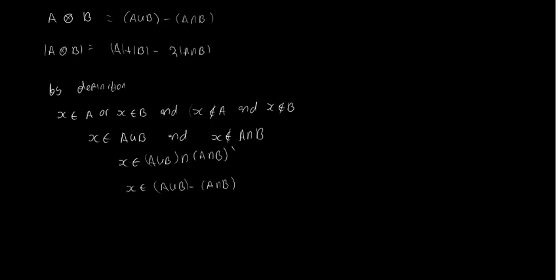So this is just using the logic that we already know, the definitions and the like. Now, how can we prove this one over here? It's actually rather simple if you know a few rules.